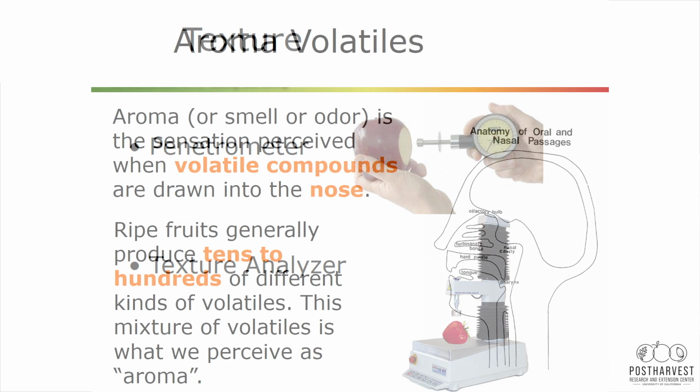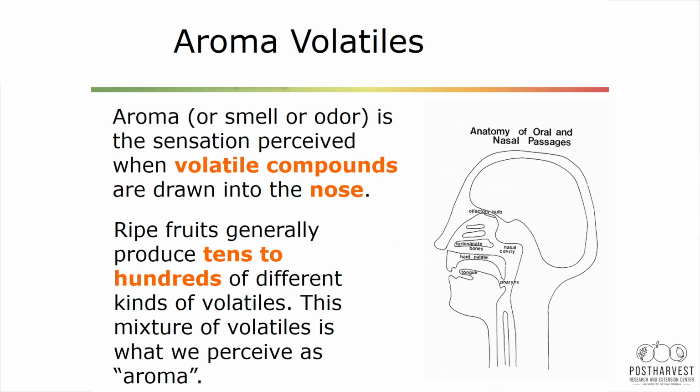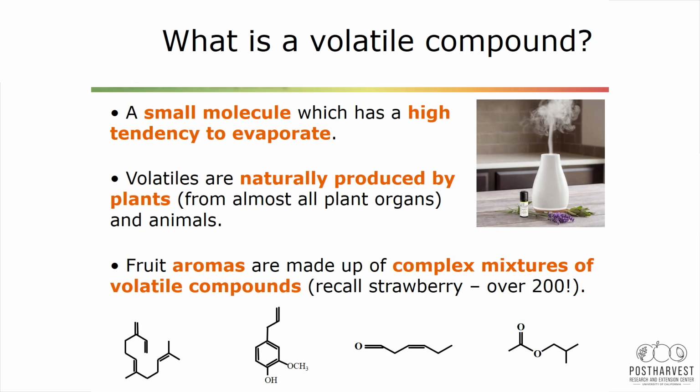All right, how do we measure aroma? So again, aroma is when you sniff up volatile compounds through your nose or through the back of your throat. And these are the little guys that we're talking about. These are examples of volatile compounds that are produced by just about anything that lives.